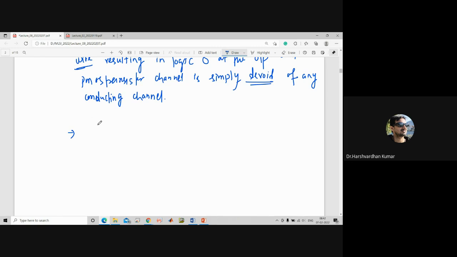Therefore, the inverter, that is the CMOS structure, can be best considered as the central part of digital designs. That's why this topic is very important. Most of you will be interested in embedded VLSI design and coding.